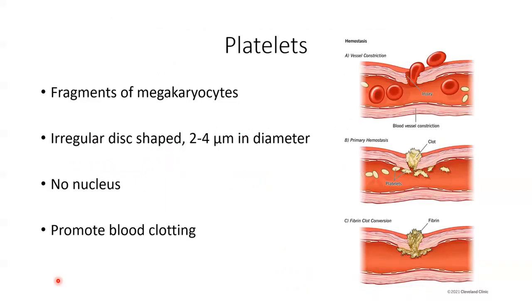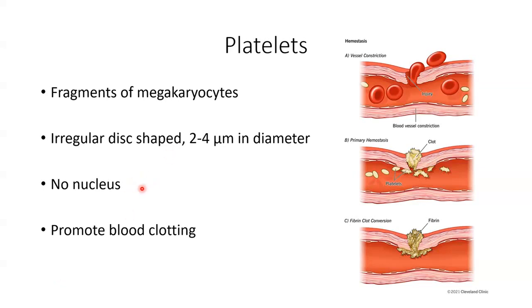Our platelets are then the final formed element that makes up blood. Platelets are fragments or pieces of giant cells called megakaryocytes. Because each is a smaller piece of a bigger cell, each is an irregular disc shape, about 2 to 4 micrometers in diameter.